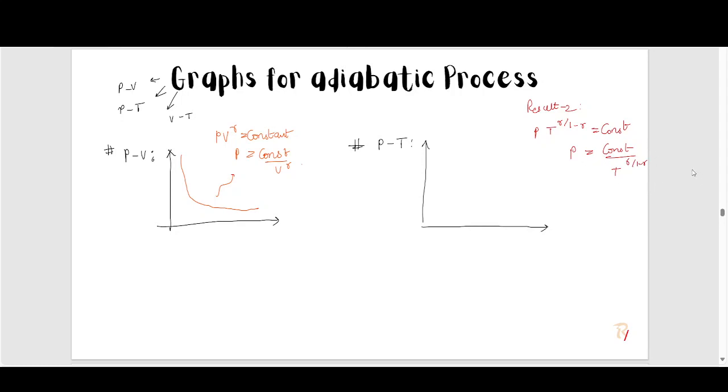Therefore, this gives me constant into T to the power of gamma by gamma minus 1. Since I am changing the negative side, 1 minus gamma becomes gamma by gamma minus 1. Therefore, this is a positive value. Note that's why this graph keeps on increasing this way.